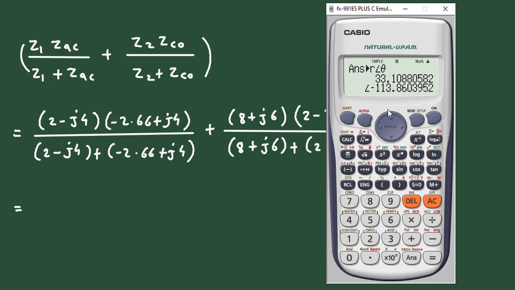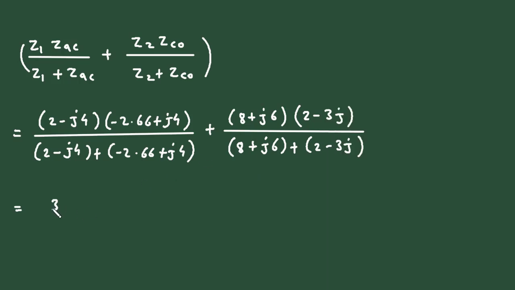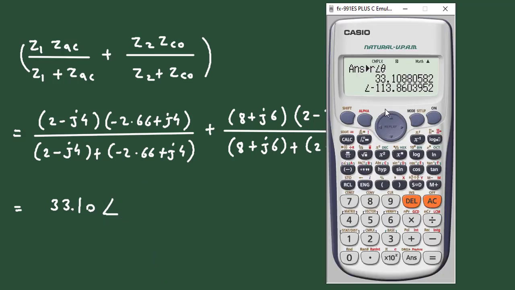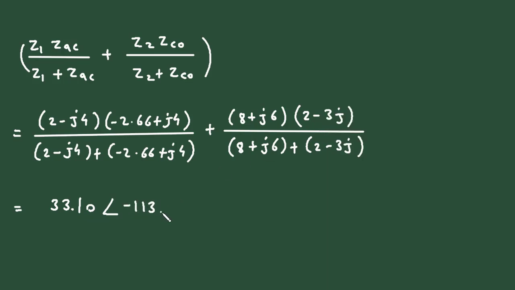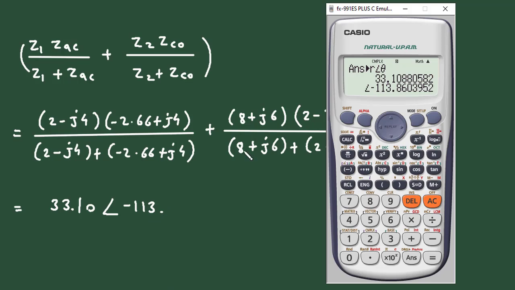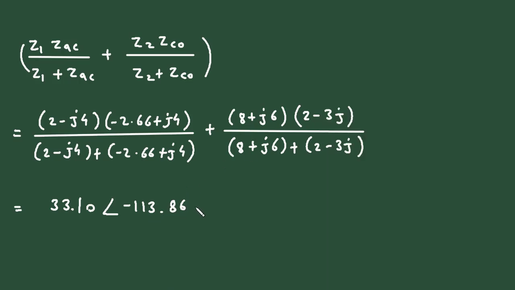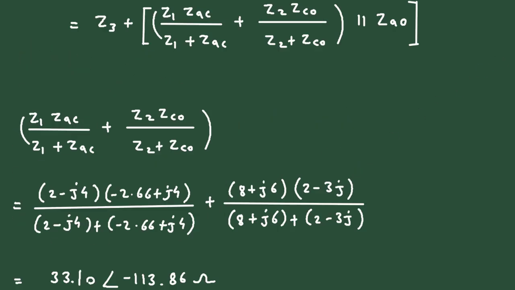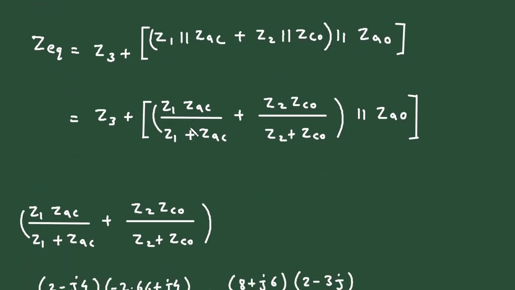So it is 33.10 at an angle minus 113.86, and since it is impedance, its unit will be ohm. So we got the value for this part only.